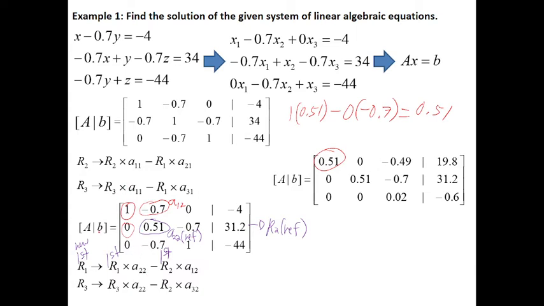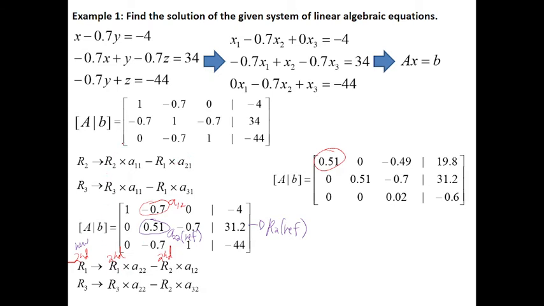Sa pangalawa, consider naman natin yung pangalawa. So, yung pangalawa, R1 second element.